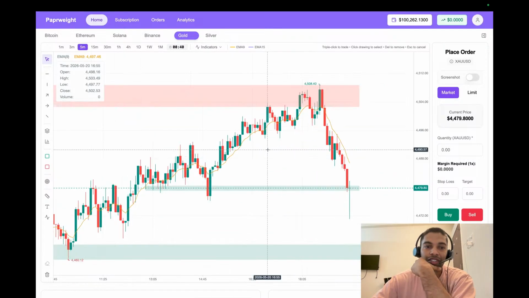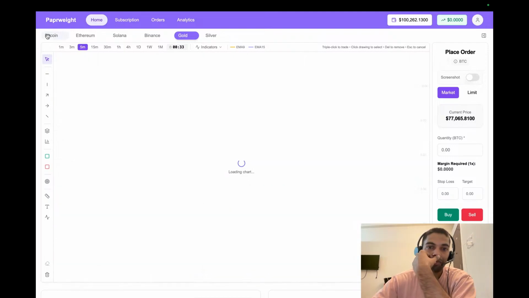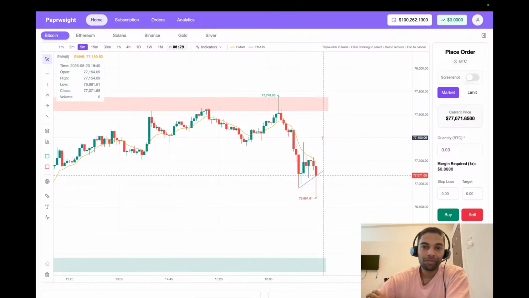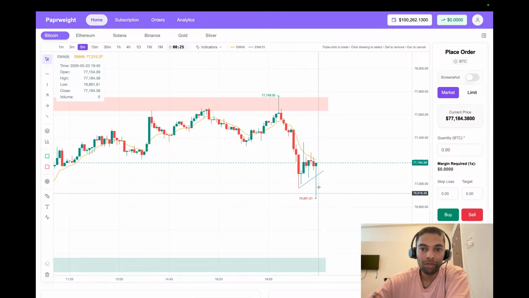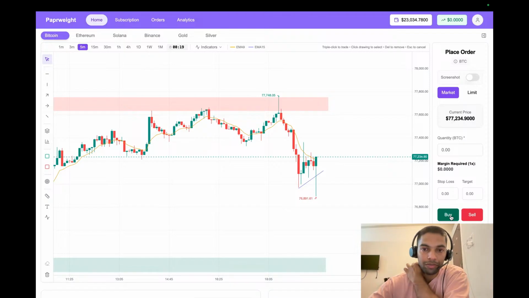Crazy, guys, crazy. What is happening? Oh no. This is a false breakout, guys, and the market went in the buying direction. I just punched a buying trade.